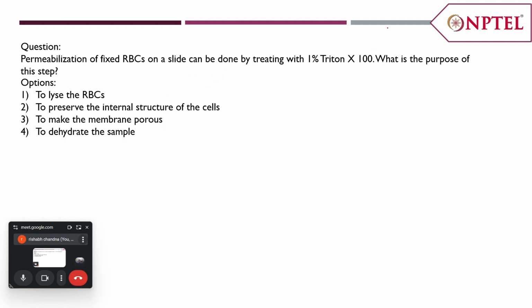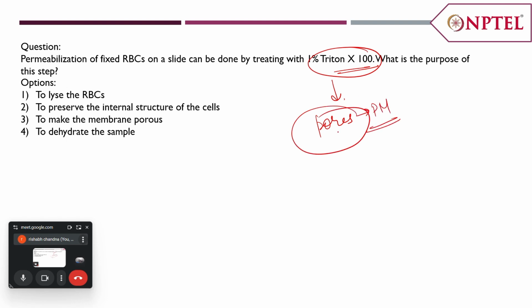So when we are using any detergent, okay, so that could be 1% Triton X-100 or any other detergent, that means it is creating pores in the plasma membrane. Okay, and the pores that are formed permeabilize the plasma membrane, so that the antibody that we are using to detect the particular protein can enter the cells and detect the specific proteins.